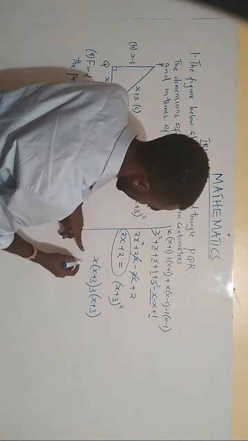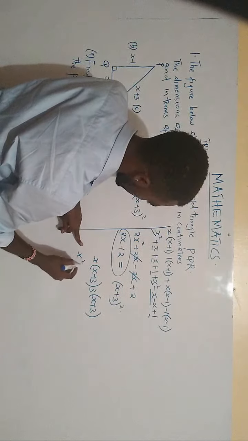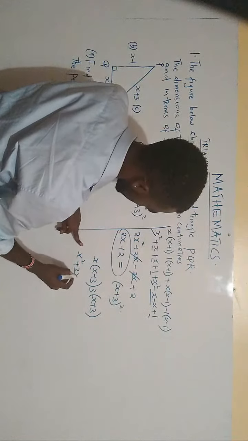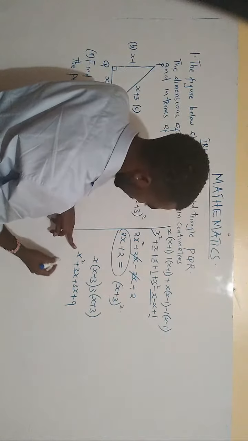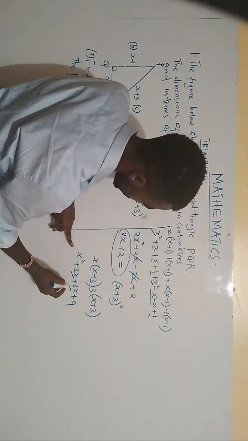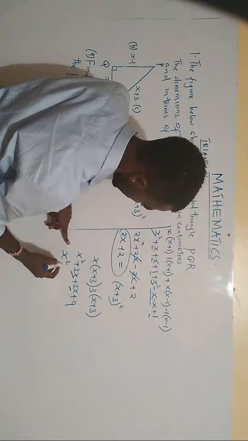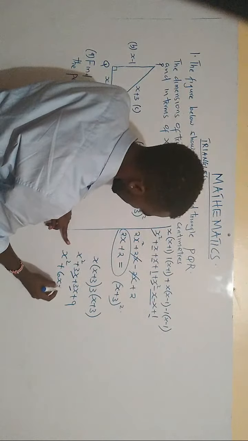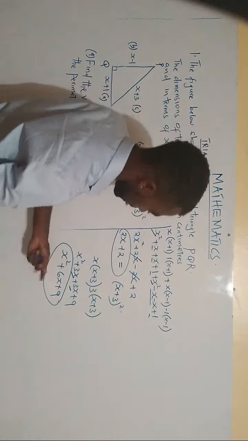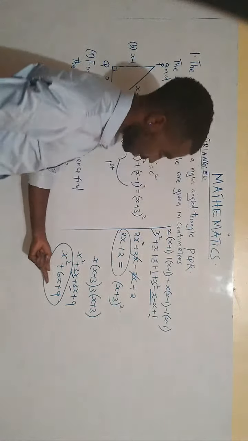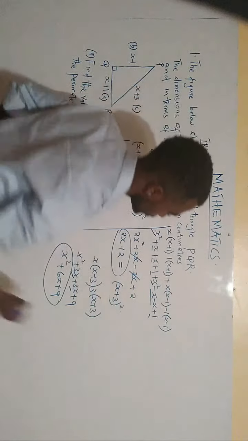Opening the brackets gives x squared plus 3x plus 3x plus 9. Grouping like terms, this is x squared plus 6x plus 9. This is the answer after we expand the value of c.